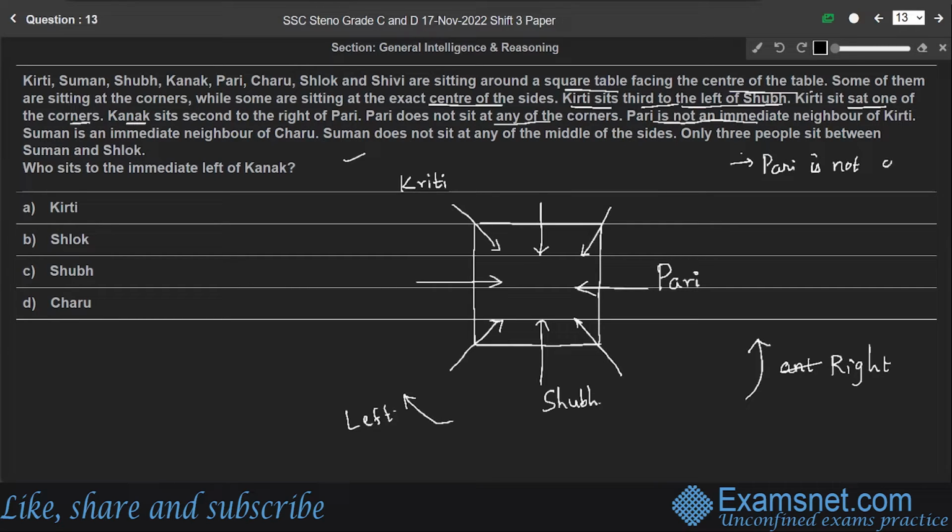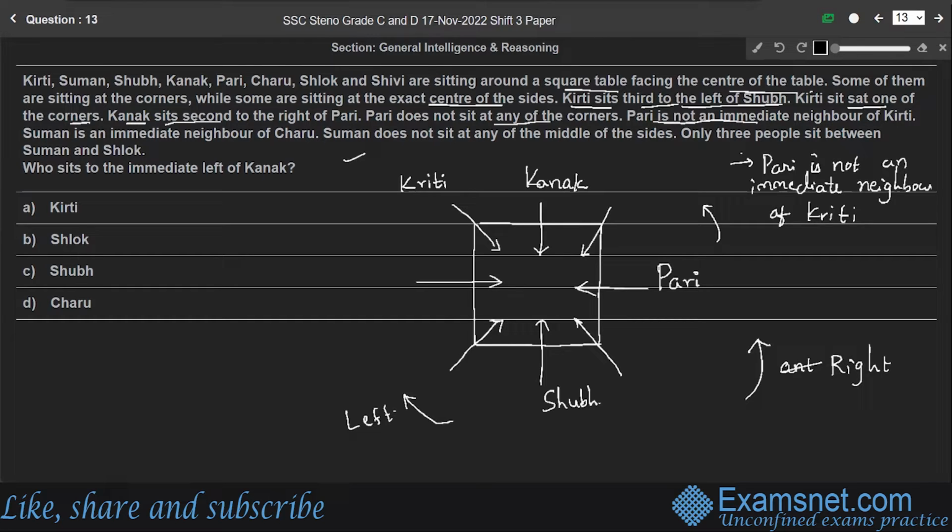And Kanak sits second to the right of Pari. To the right of Pari means in the anti-clockwise direction, so in the second position, Kanak is sitting. Therefore, Kanak's position is here.